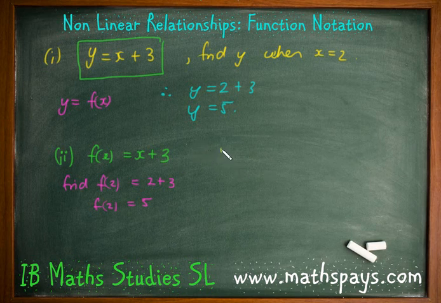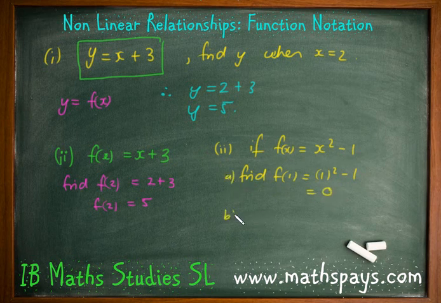We could have a question such as, if f of x equals x squared minus 1, find f of 1. In that case, it's 1 squared minus 1, which is 0. They could ask you to find f of negative 3. In that case, negative 3 squared minus 1 equals 9 minus 1 equals 8.